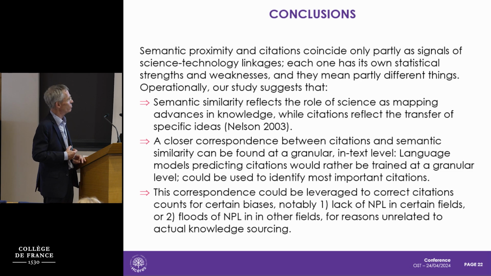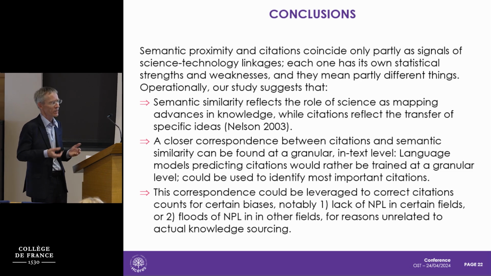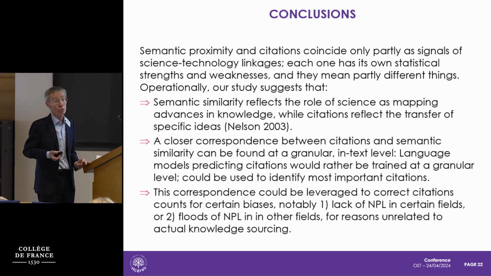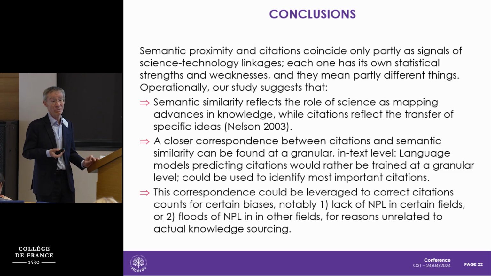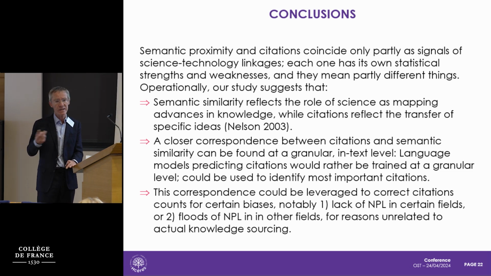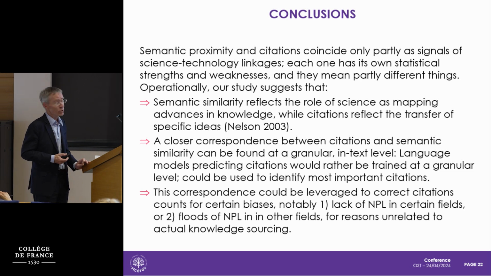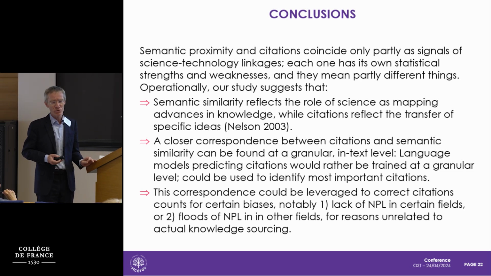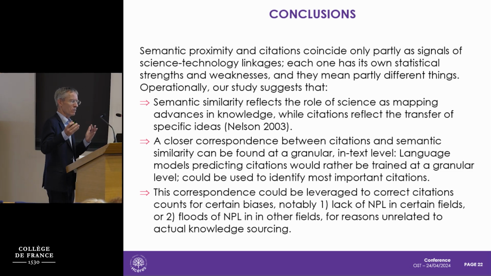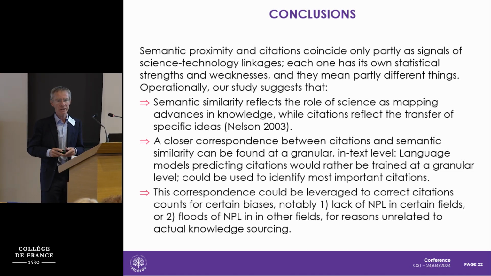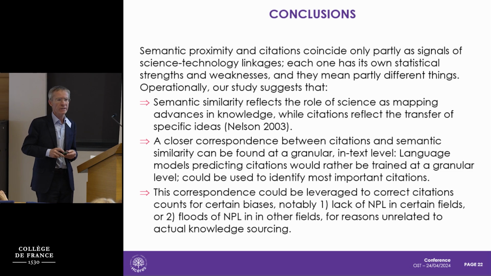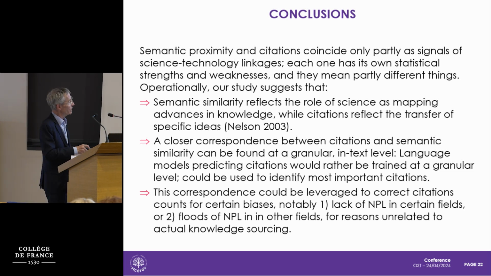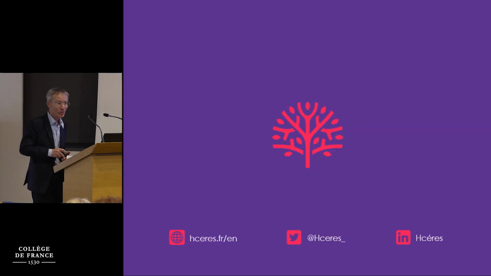Semantic proximity could be used for correcting citations or complementing citations, notably when you don't have NPLs, which happens in many cases, or when you have too many NPLs, which also, as we saw in other cases. So there should be ways of combining these two sources to get to less biased and less noisy indicators of the connections between science and technology. Thank you.